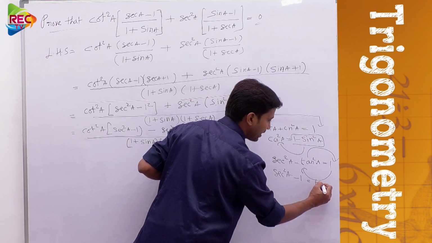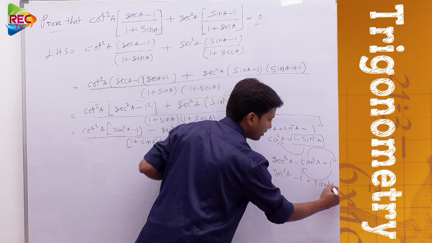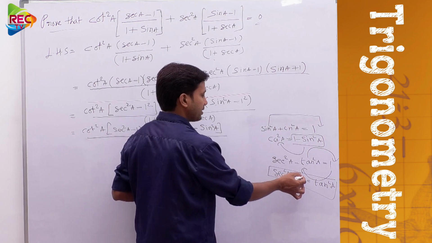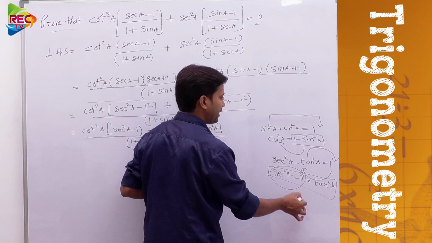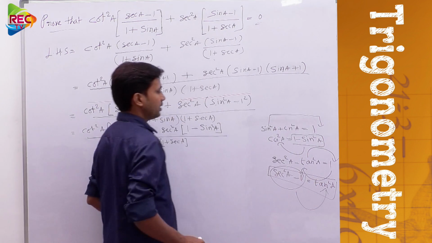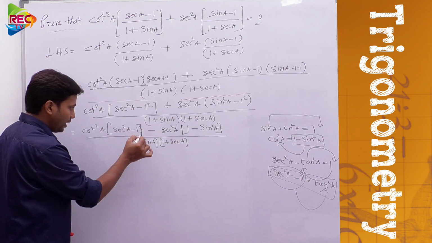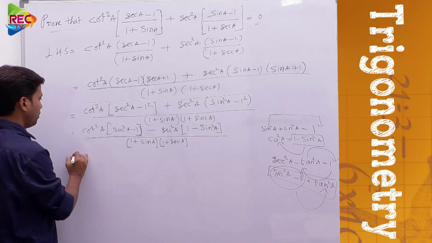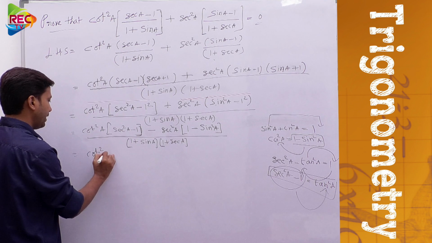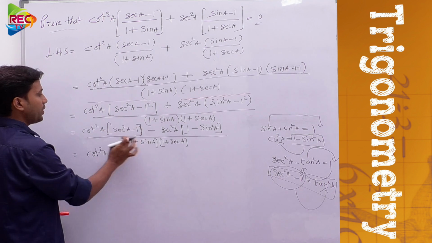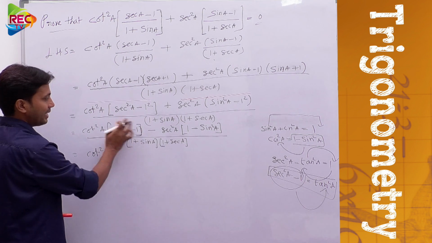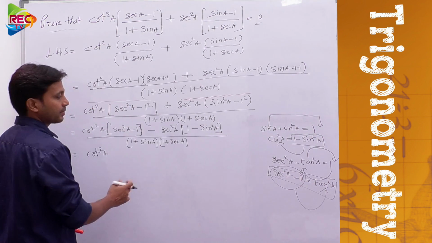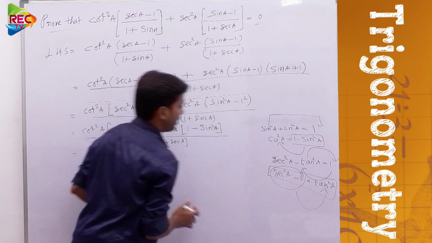So plus tan square A. That means secant square A minus 1 can be replaced by tan square A. So we obtained the value of these brackets, or not? Exactly. So now cot square A into secant square A minus 1, whose value would be tan square A.